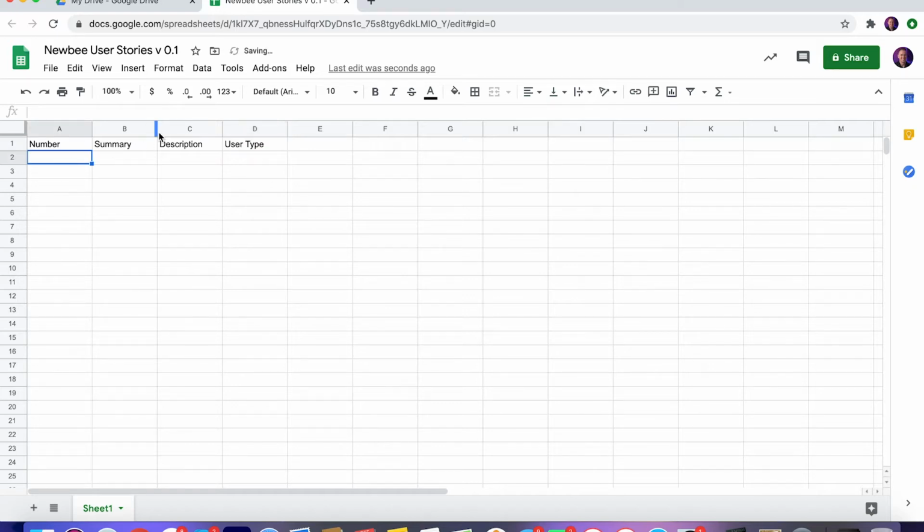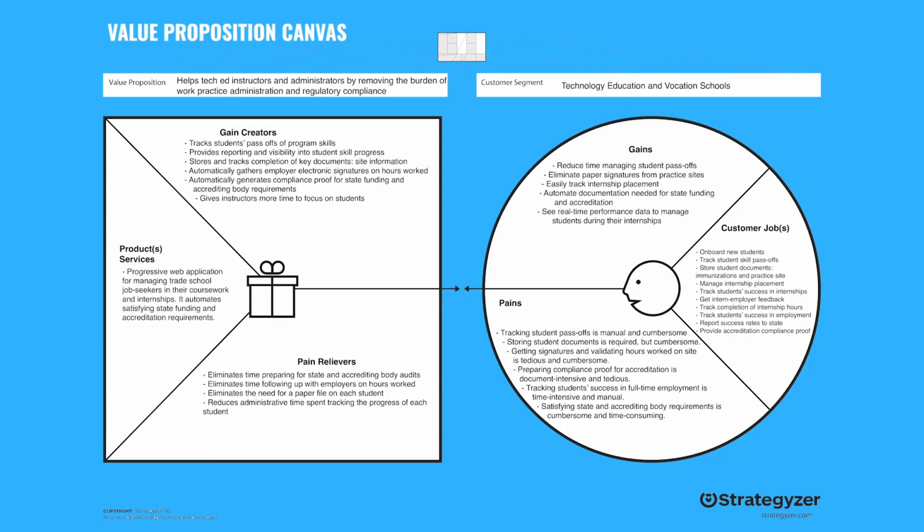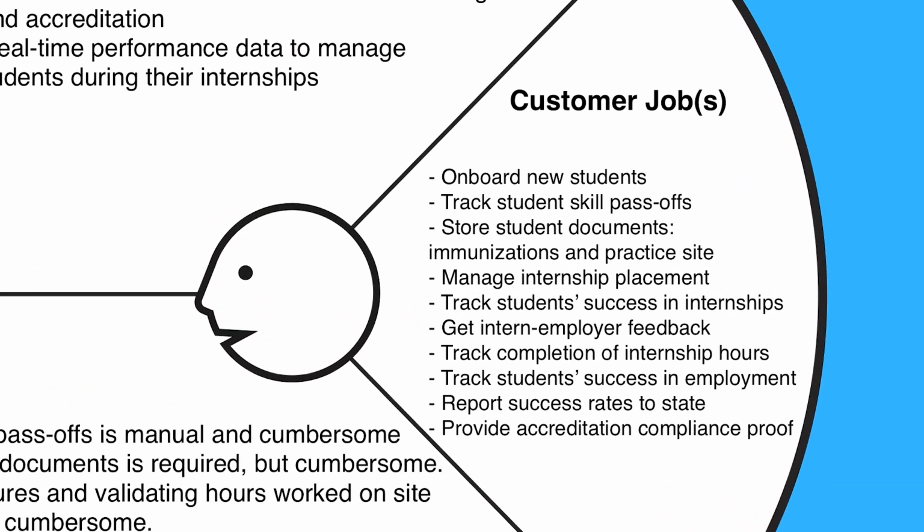Okay, I'm going to give myself a little bit more room here under summary and under description. If you recall, in our value proposition canvas we had these customer jobs for this dental student trade school management app. So the instructors and administrators need to be able to onboard new students into the app.